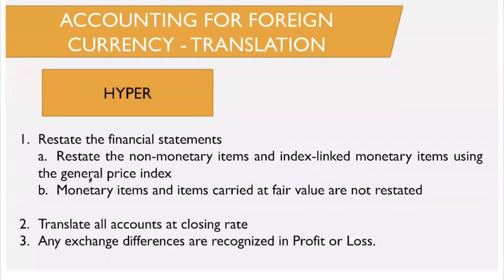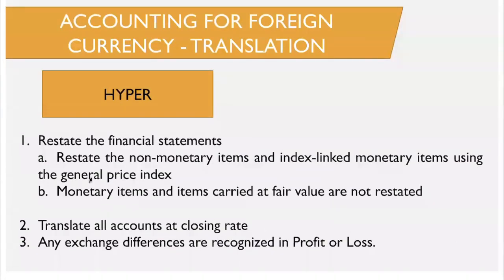So how about if our foreign currency financial statement is hyperinflationary? How do we account for it? In accounting for hyperinflationary under PAS 29, we use the restatement method. So how do we restate? We only restate non-monetary items to their GPI.